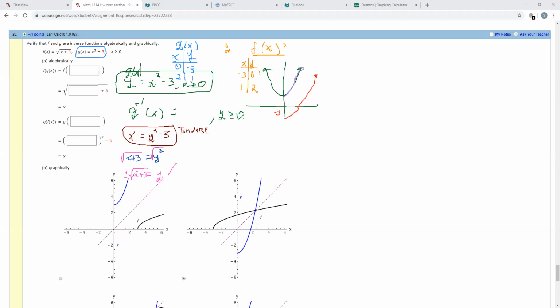This part is going to go away, and therefore we can say the inverse function is just the positive square root of x plus 3. And that is the inverse equation of whichever one we started with, g. So we could call this g inverse if we wanted to.